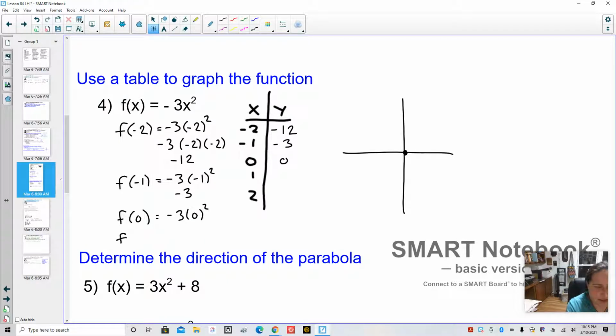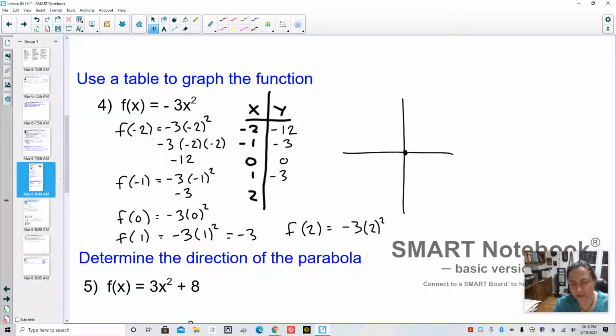All right, let's go. F of 1 is negative 3 times 1 squared. 1 times 1 is 1, times a negative 3 is a negative 3. And then f of 2 is equal to negative 3 times 2 squared. 2 times 2 is 4, times a negative 3 is a negative 12.